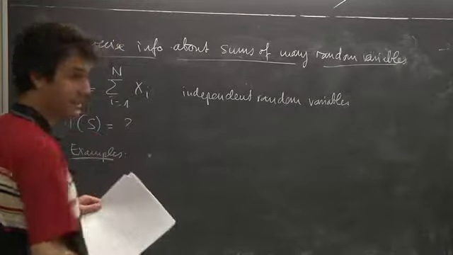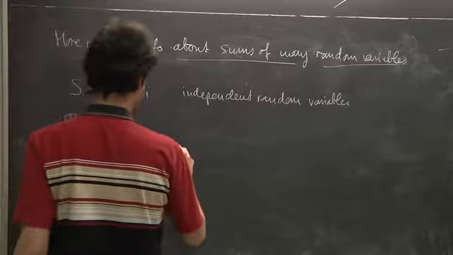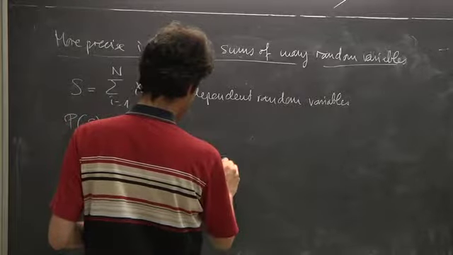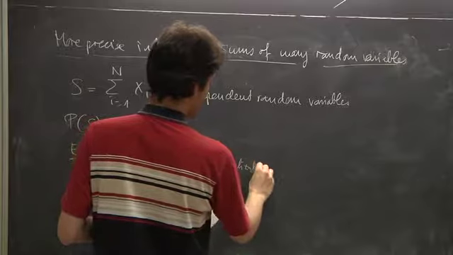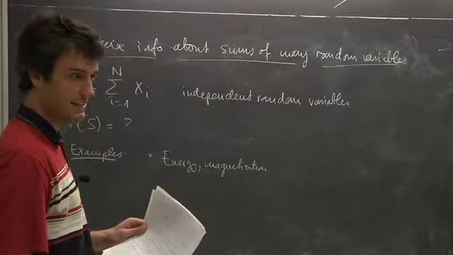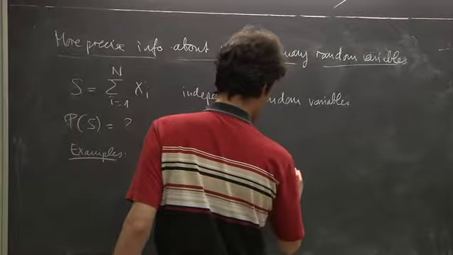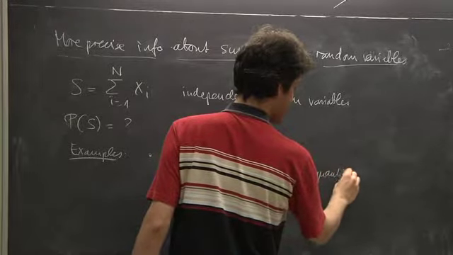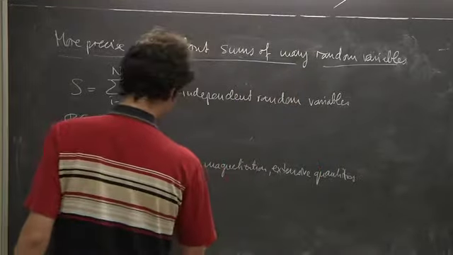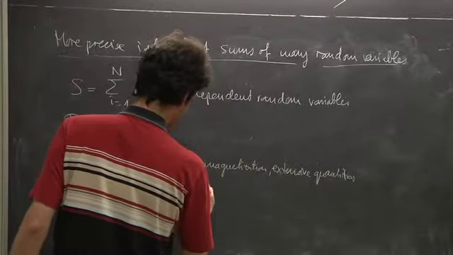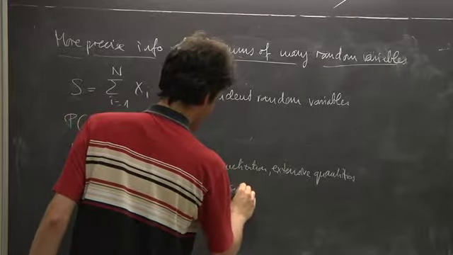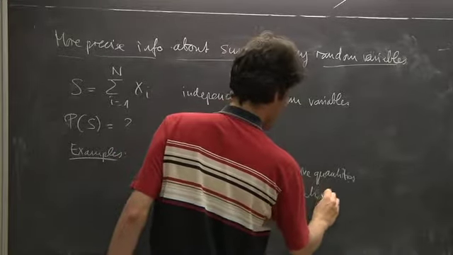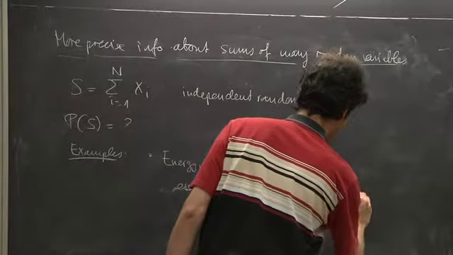For example, in thermodynamics, if you calculate the energy of a body, or the magnetization, or all quantities that we call extensive, all quantities that are proportional to the volume, these are essentially sums of contributions from many small subsystems.